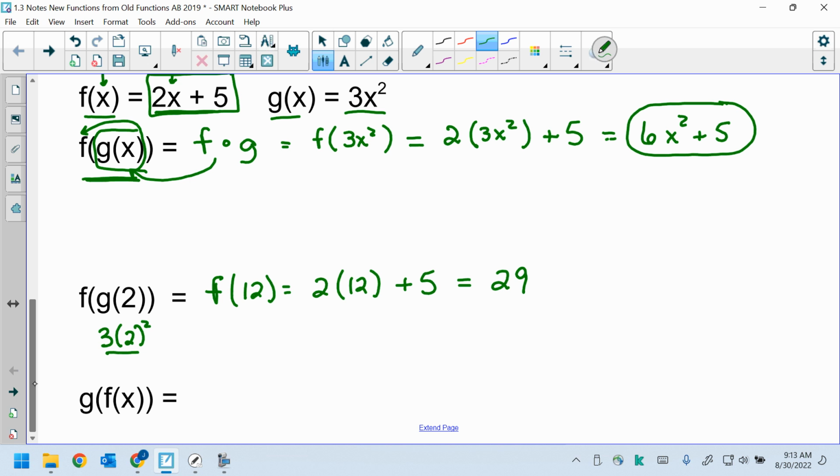G of f. Okay, well now f is being put inside the g function. G of, well, let's see now, f is 2x plus 5. And the g function says, take that input, and am I going to square first or multiply by 3 first?